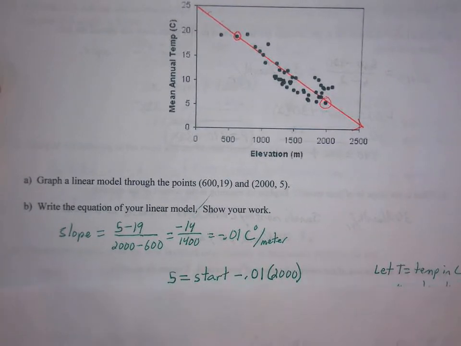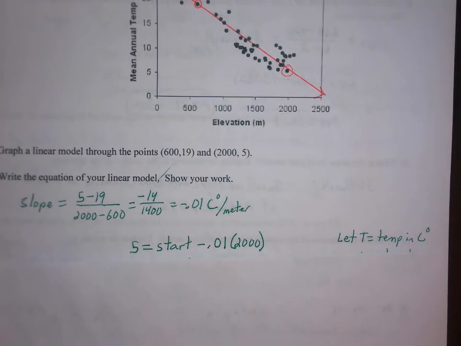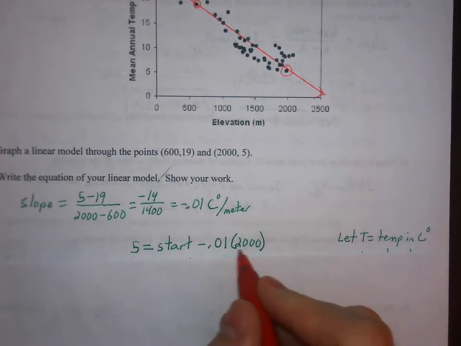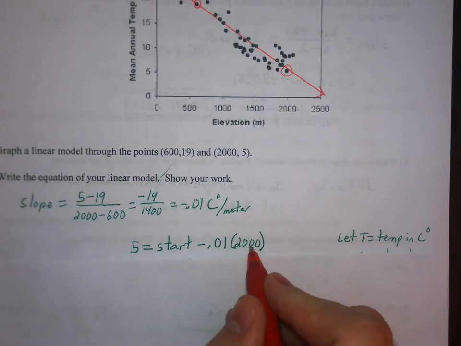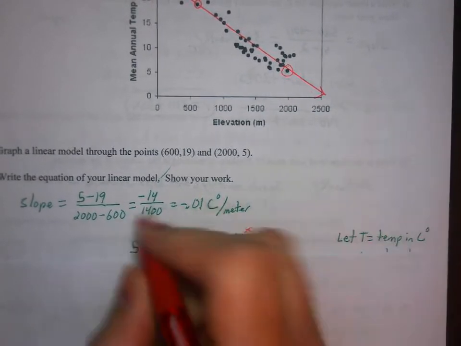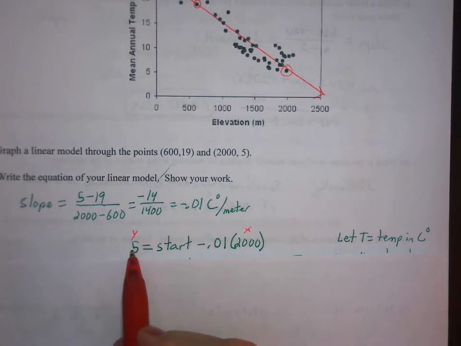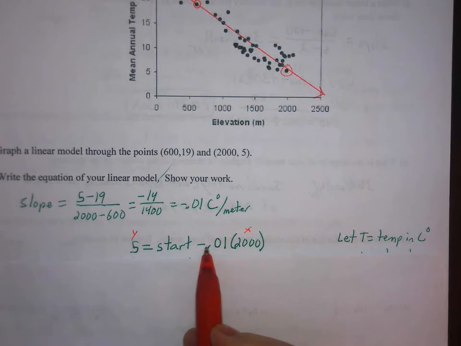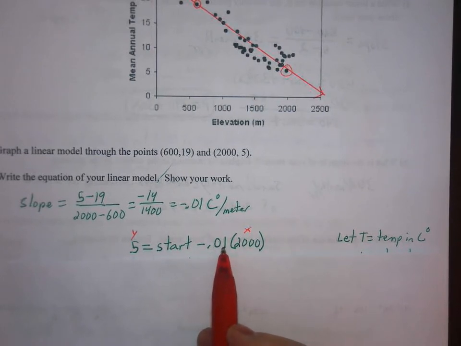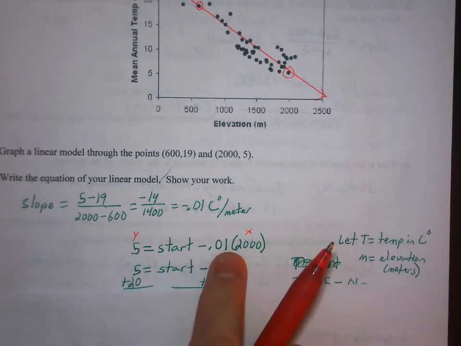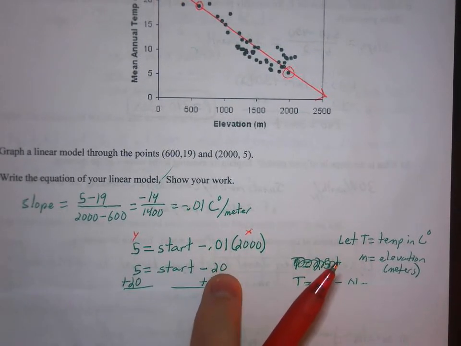Okay, and then you take our starting value, which we don't know. We know that when you're at 2000 elevation, so when x is 2000, you're at a y value of 5, or 5 degrees Celsius. Plug in our slope, negative 0.01, and then do the arithmetic there. So 0.01 times 2000 is negative 20.